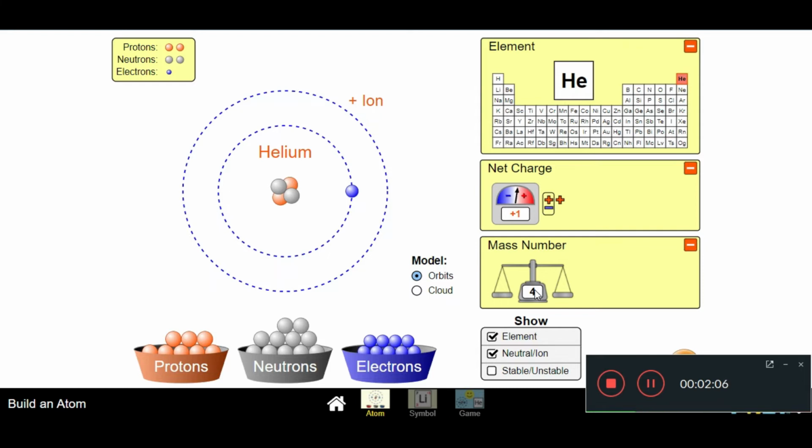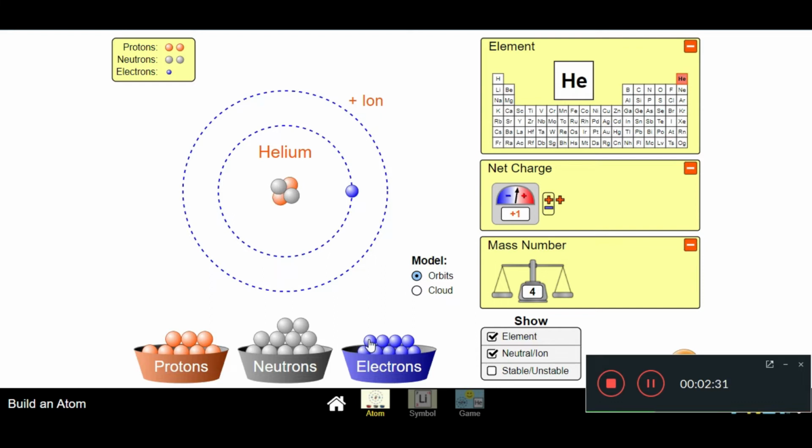Nucleon can be proton or neutron. So how many nucleons in the nucleus? You see here, it's now helium, and we have 2 protons and 2 neutrons, so the total is 4. So that's the mass number, 4. That means 4 nucleons. Nucleon can again be proton or neutron.